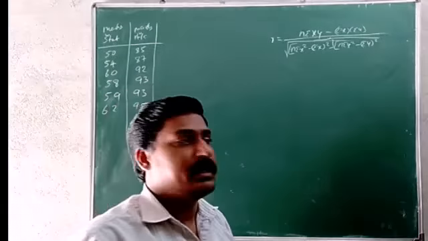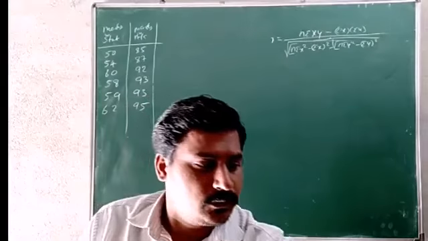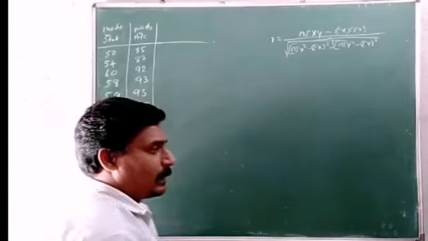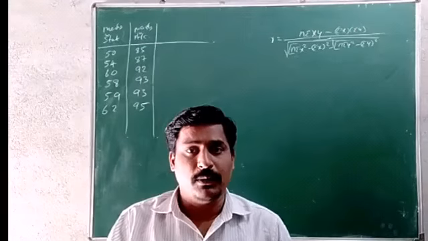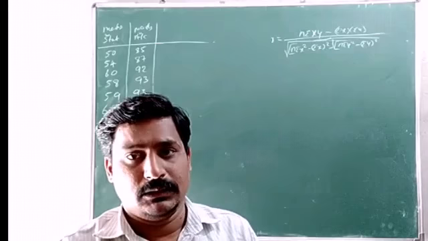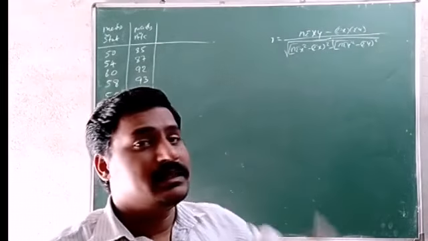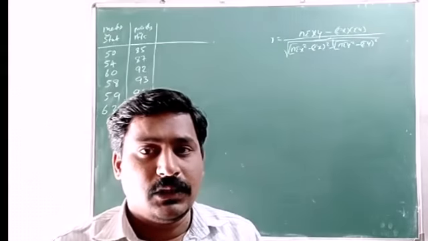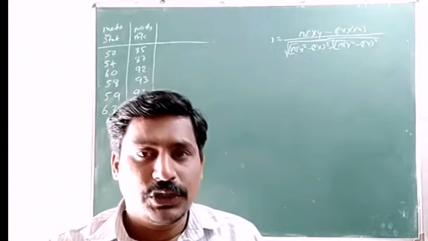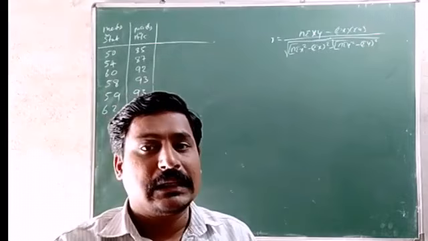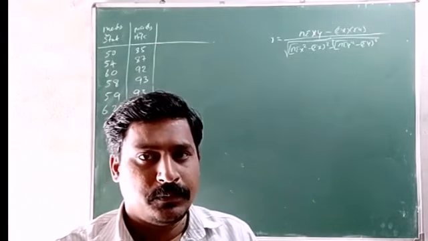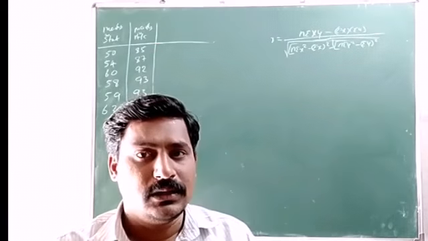So let us calculate them one by one. I am solving the problem on direct method, where we are taking x and y directly. In next class we go for shortcut formula, that is converting the x and y into u and v, that is changing the origin and scale.